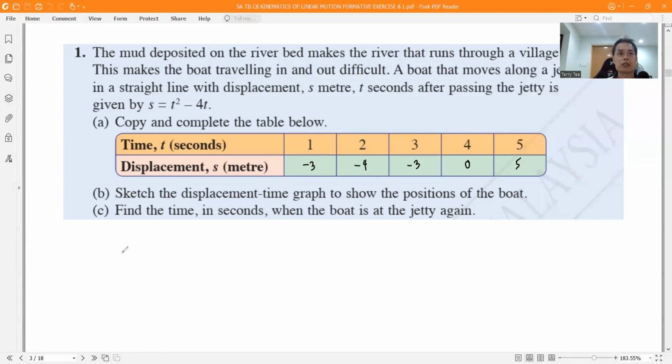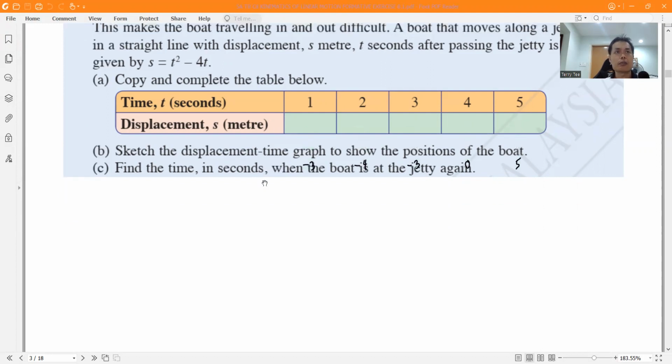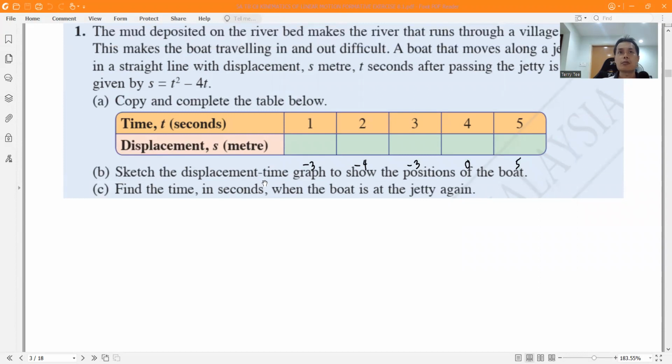Let me move this up a little bit, so I can squeeze this in. Let me copy this -3, -4, -3, 0, 5. But actually, you don't need all these values to draw the graph. When it comes to sketching a graph, what is important is the turning point, the intercept, or the domain given.